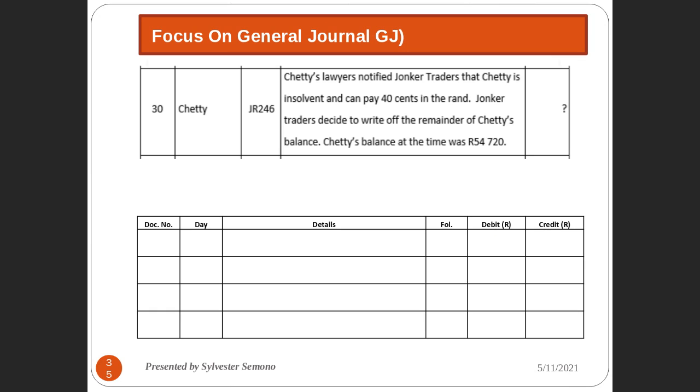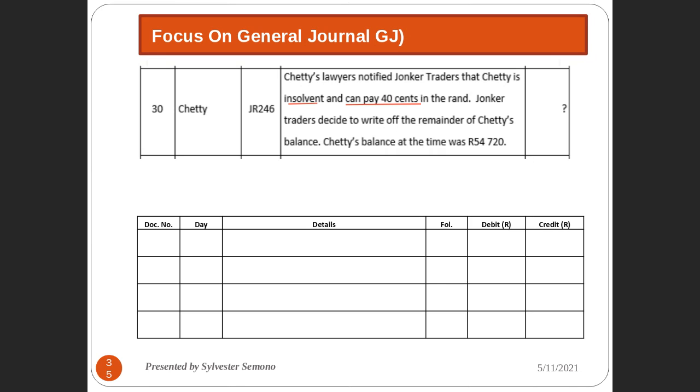Now, the other one is here. Let me just find the color so that I can highlight. Here we've got this guy by the name of Chetty. Unfortunately, Chetty is insolvent. Remember, if you are insolvent, it means you are unable to pay your debts. But luckily, she paid 40 cents. Don't be confused by this 40 cents.